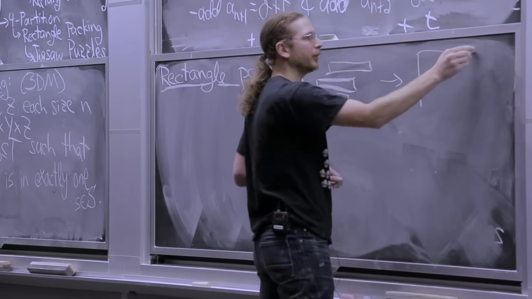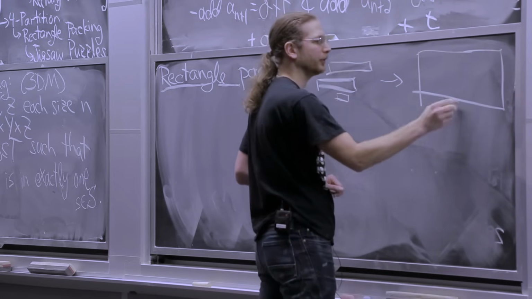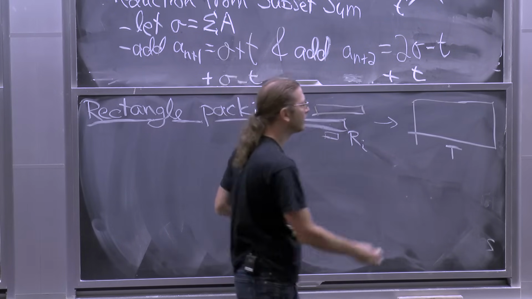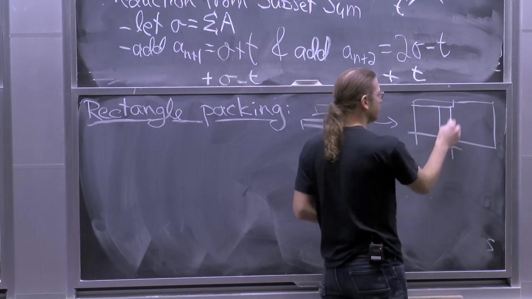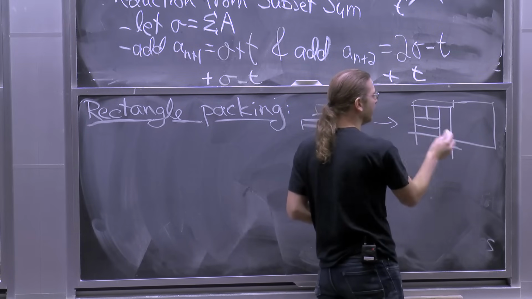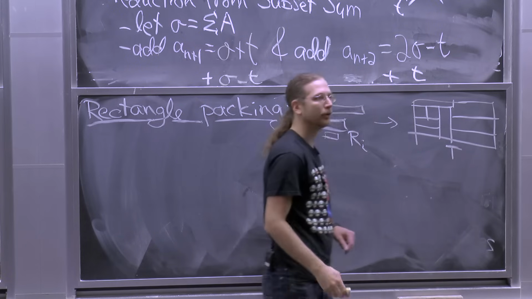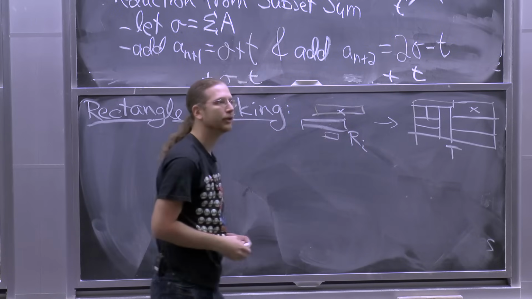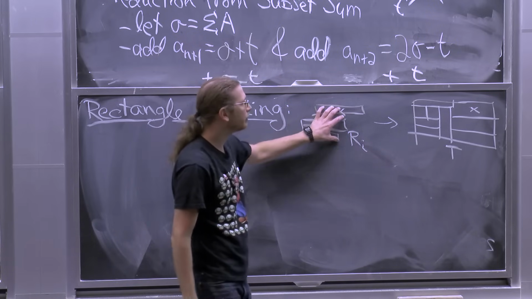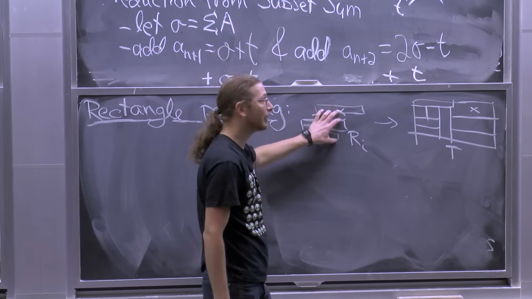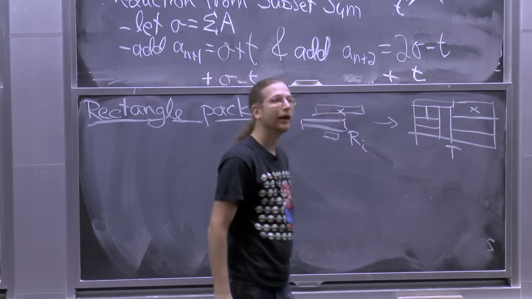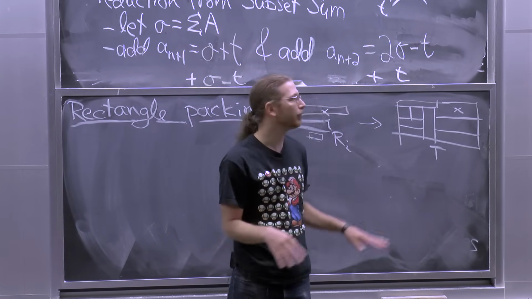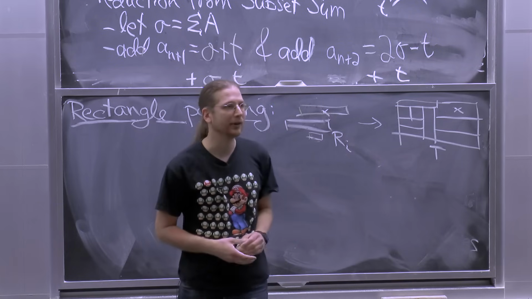And I give you a target rectangle. It's called T. These are the R_i's. I want to put these rectangles into this picture without any overlaps. Each of these rectangles here corresponds to one of the rectangles over here. So I'll tell you that the sum of the areas of these rectangles is equal to the area of T. And the question is, can you pack those rectangles into T without any overlaps, and therefore without any gaps? Because the areas are exactly the same.